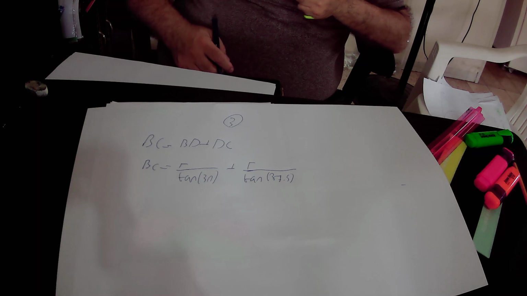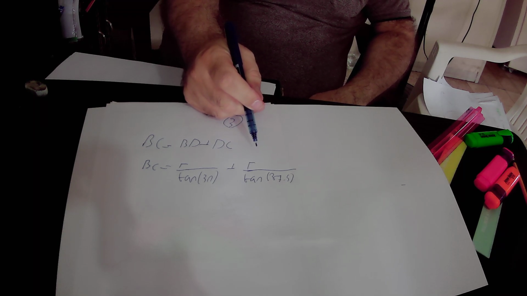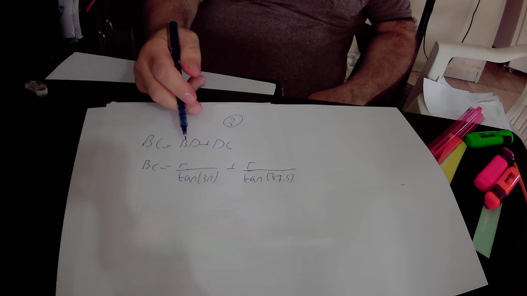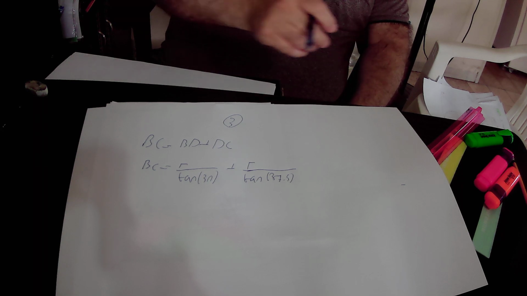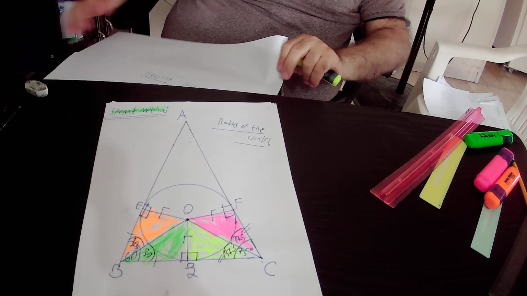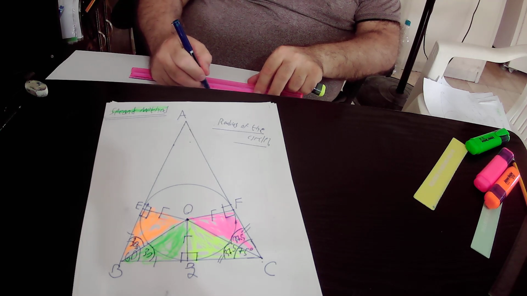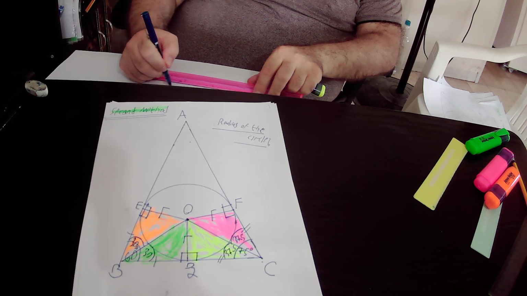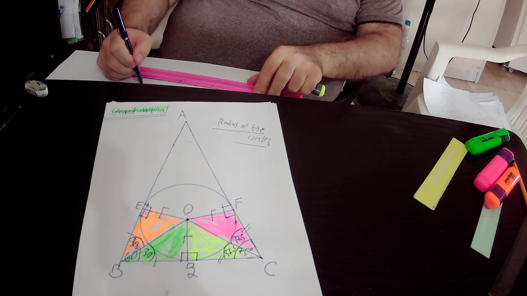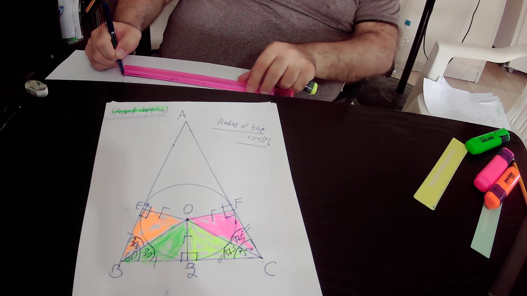So here we'll calculate the values of 1 over tangent 30 degrees, and we calculate the value of 1 over tangent 37.5 degrees, and this way we'll get the value of R. But before that, we take R as a common factor, and we get that BC is equal to R times (1 over tangent 30 degrees plus 1 over tangent 37.5 degrees).